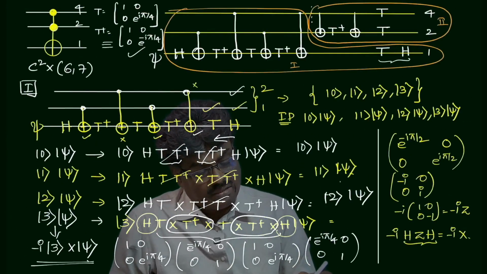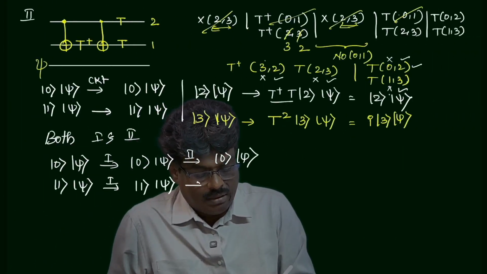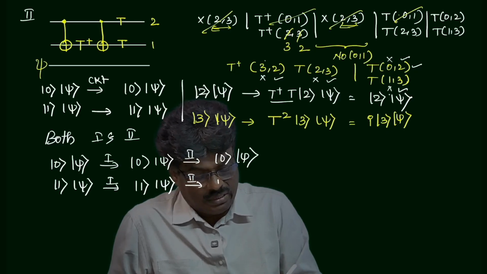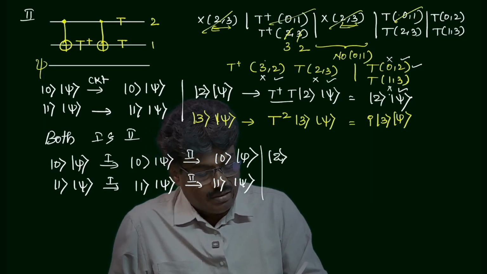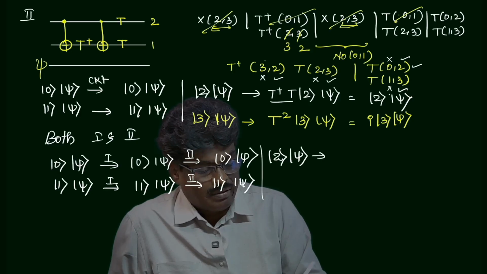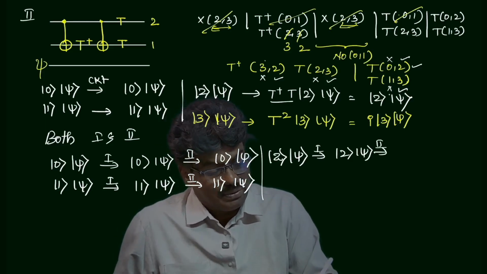So first part no change, second part no change, and similarly 2 psi, first part no change, and the second part of the circuit no change.